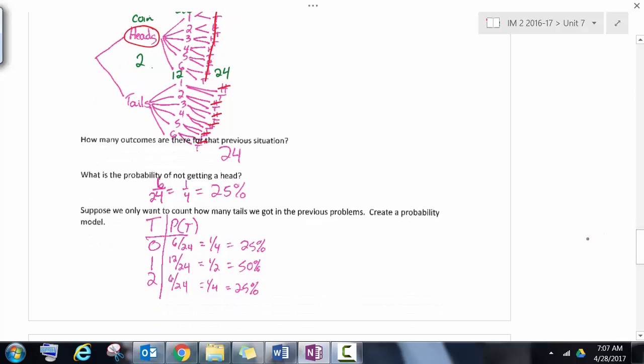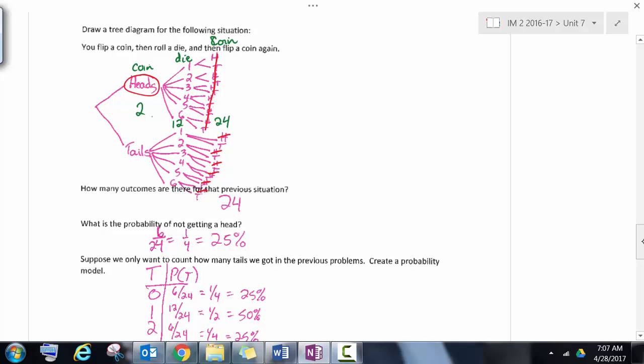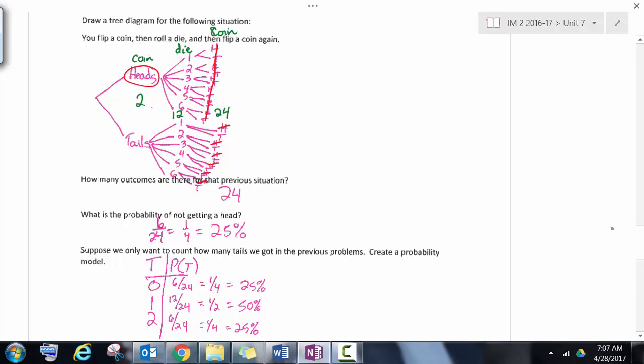Suppose we only want to count how many tails we got in the previous problem. So create a probability model. So here, we're going to ignore the die because that doesn't really count for us. So we have heads, work all that out. We can count that there are 6 ones where we got 0 tails, and it might be easier to figure this out, 6 ways where we have 2 tails.